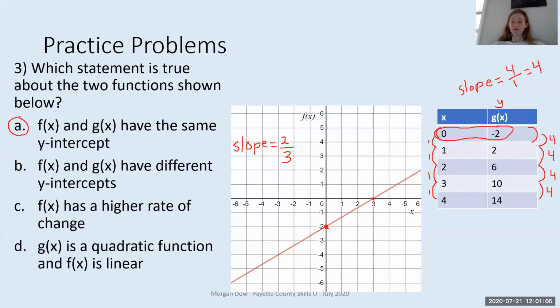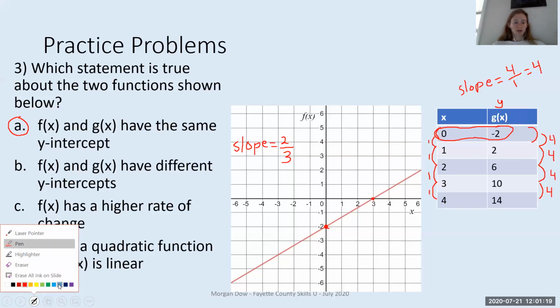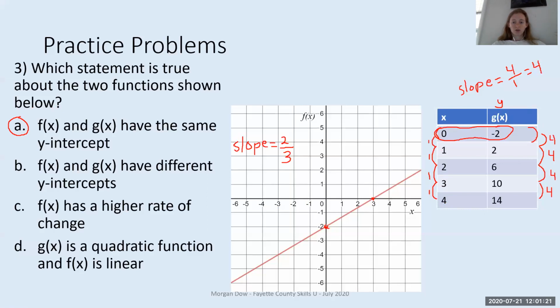If we were to graph g of x, we would see that we would have a line that was crossing the y-axis at the same point. And let me actually just put this on the graph here. So it's crossing at this point 0, -2. I've got the point 1, 2. I've got the point 2, 6.